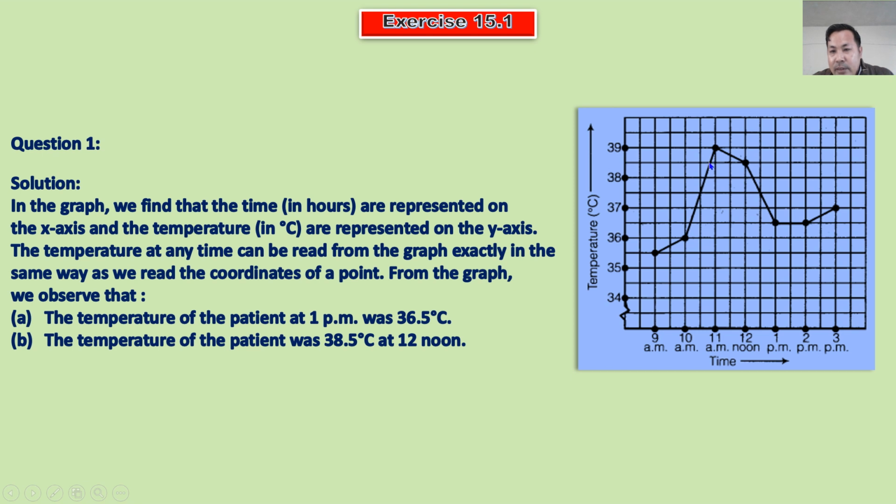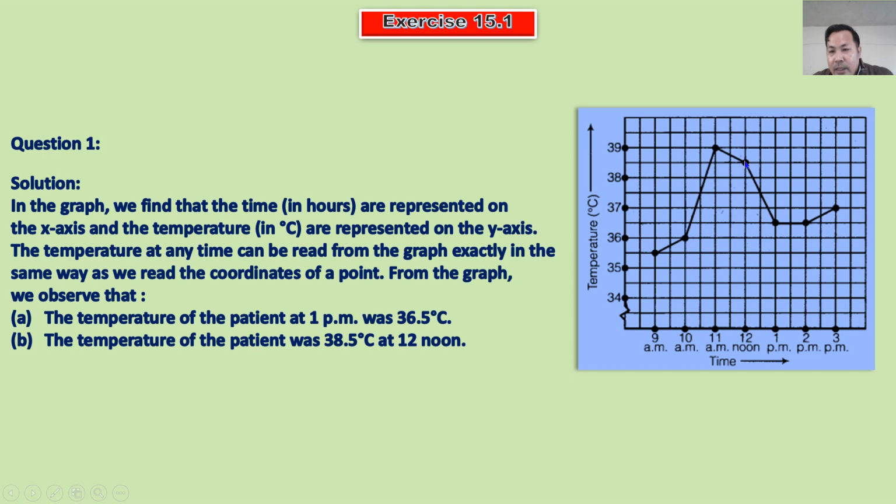You can take the point where this line and the line from the y-axis meet at a point. Take this point as the coordinate point of x and y, and you can find that the y value here is 38.5 degrees Celsius, and at this same point, the value of x is, yes, 12 noon.